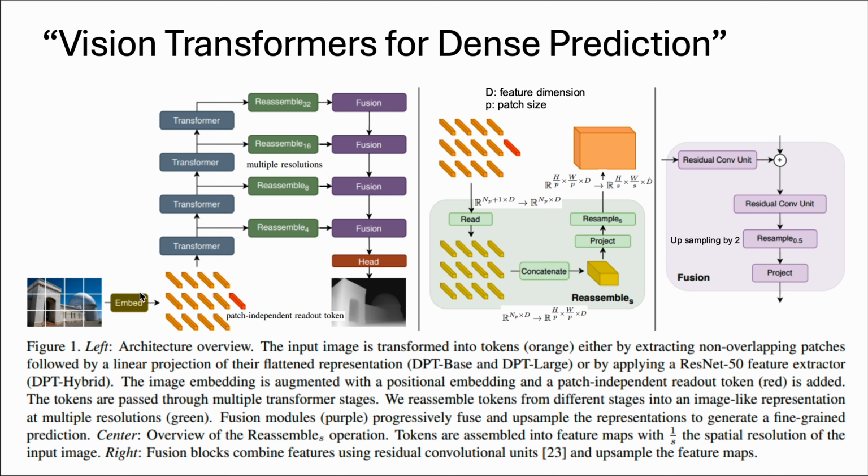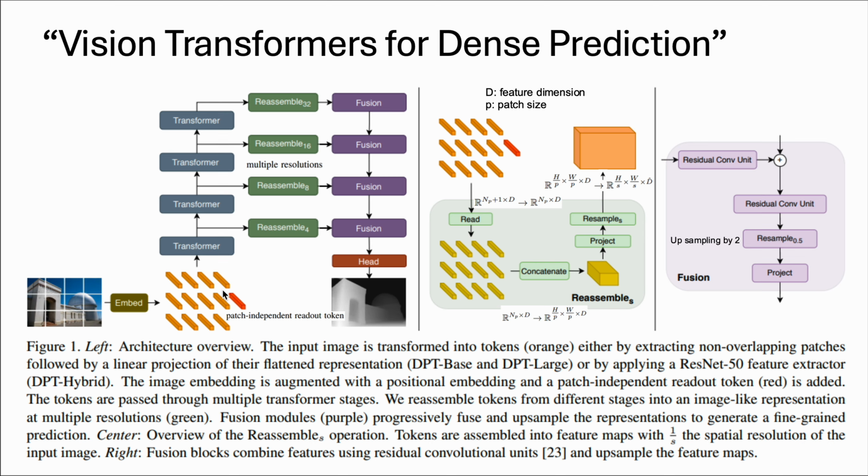The image was partitioned into non-overlapping patches to get image embeddings. Besides the image embedding, which is represented as an orange vector, a red vector, called the patch-independent readout token, was also appended. I think this is similar to the CLS token.